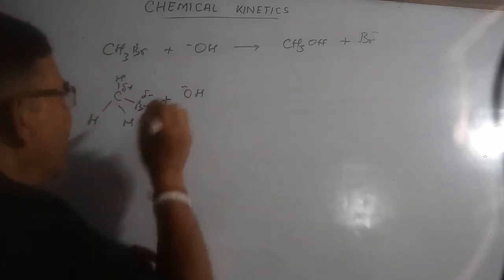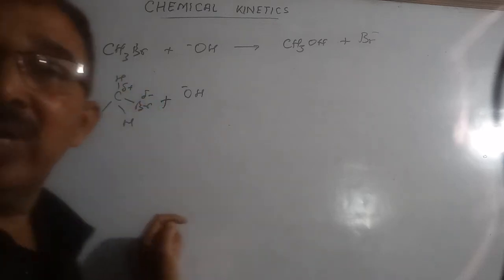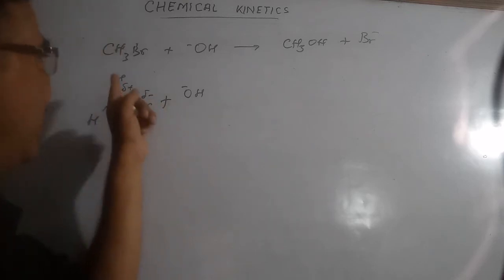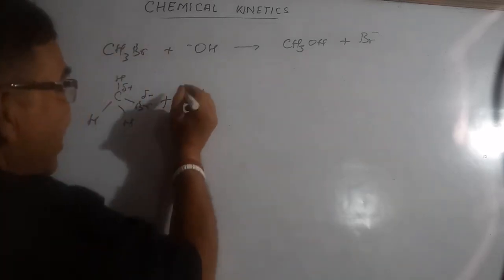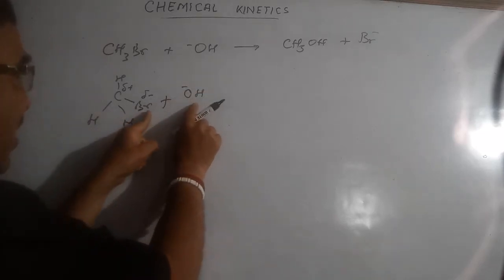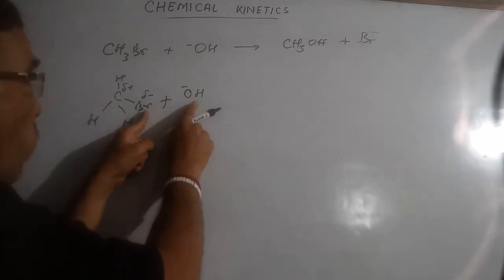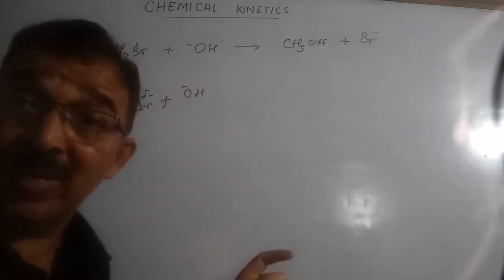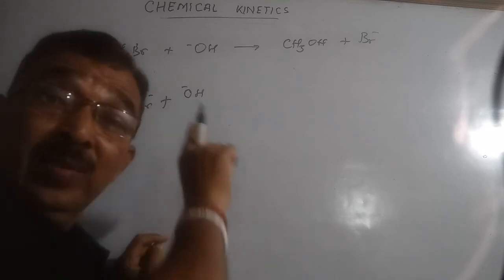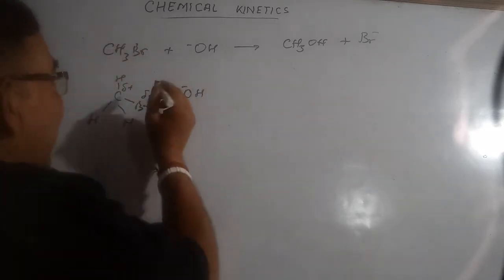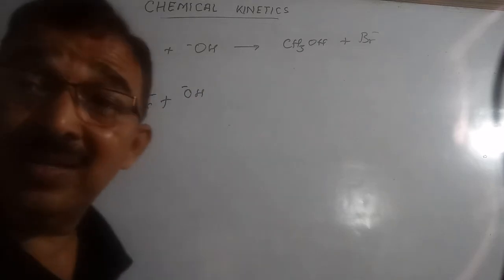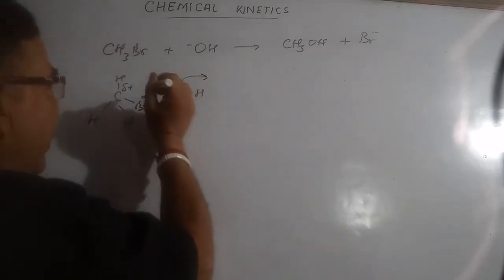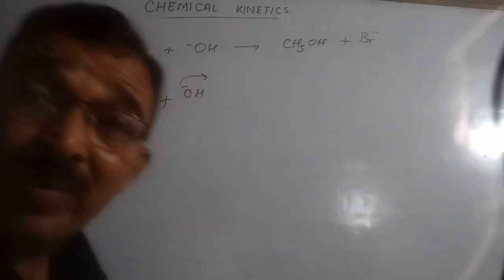Look at this. Bromine is more electronegative than carbon. So it develops delta negative, carbon develops delta positive, and here is an OH minus. When they approach each other, if the orientation is like this, that OH minus is attacking the methyl bromide at the end where bromine is there, then minus and minus like charges repel. So what will happen? This one will be deviated and this one also will be deviated away from each other.